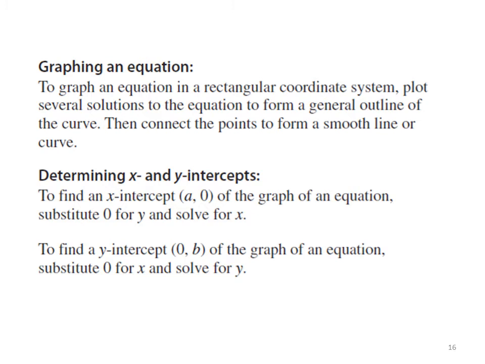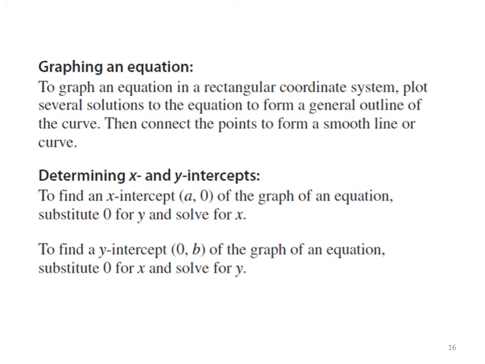At any point where the graph intersects the x-axis, y will be 0. So this is the form of the x-intercept if it exists. It will be a point (a, 0). The y coordinate will be 0. So that's one of the points we will try to find, the x-intercept if it exists.